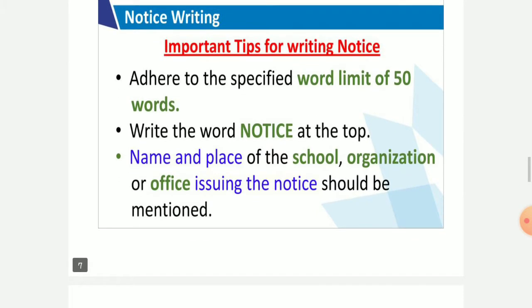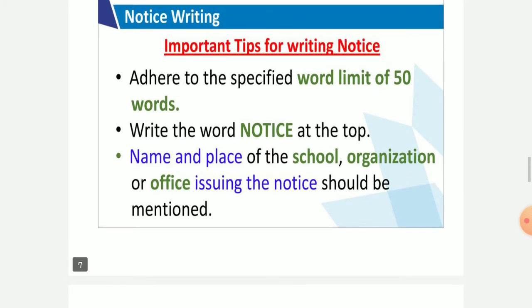Now some major tips related with notice writing. As you can see, it is written: notice writing, important tips. First one, strictly adhere to the word limit, that is 50 words. Write the word notice at the top.